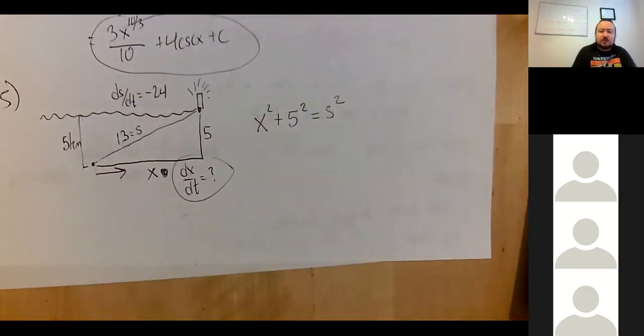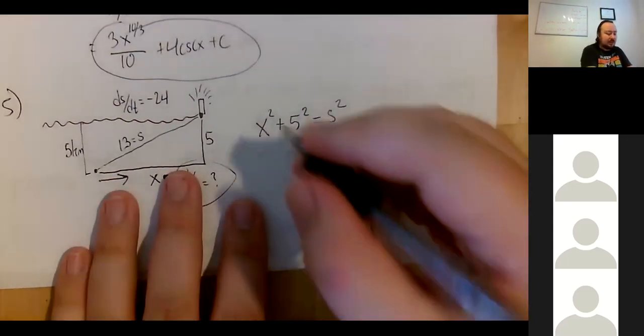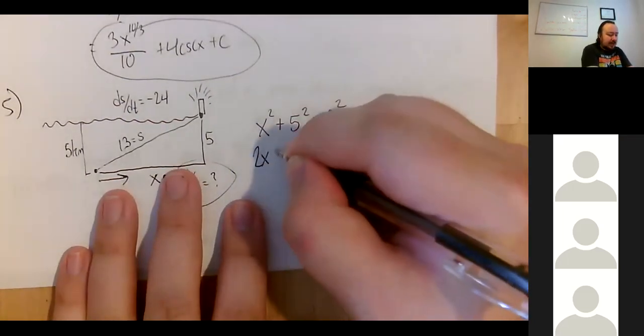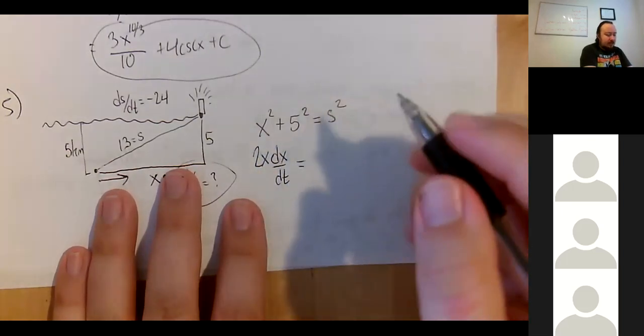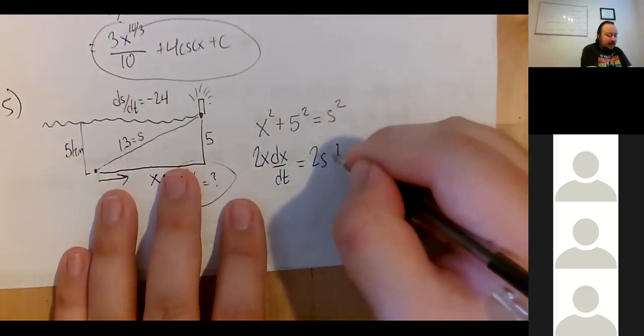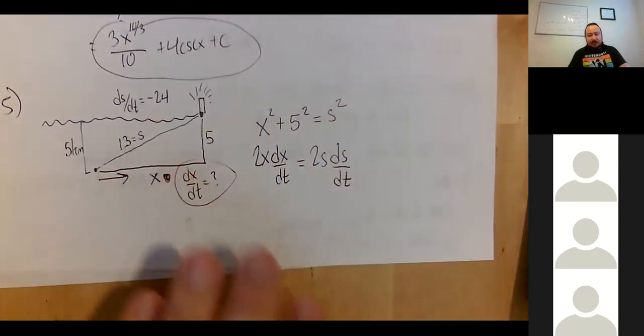All right, so we know x squared plus 5 squared is s squared. So now let's go ahead and take the derivative of that to get our dx dt showing up. So 2x dx dt will be equal to 2s ds dt.